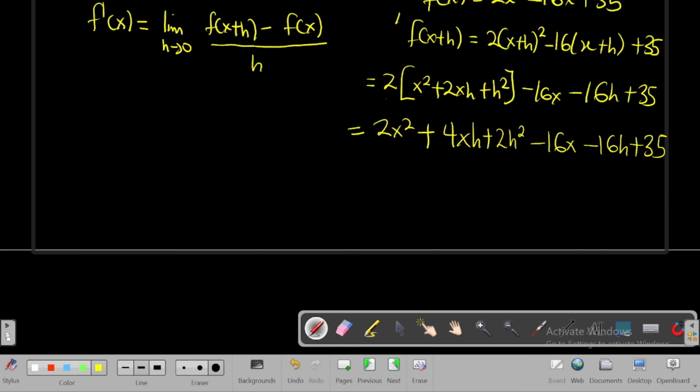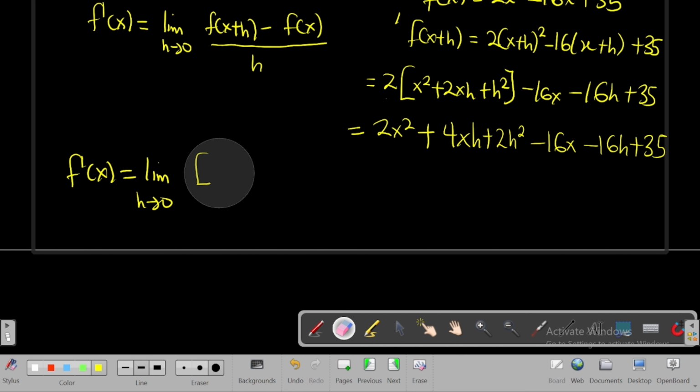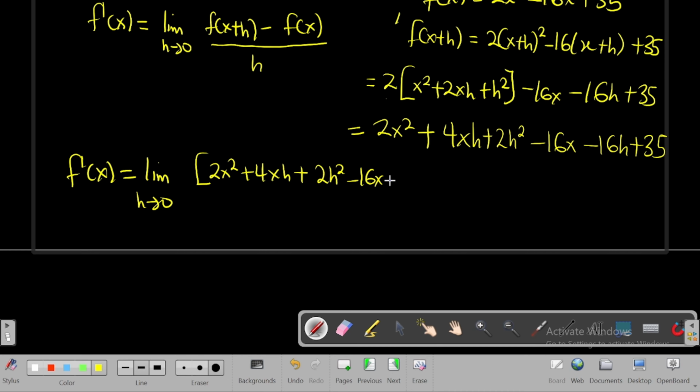Now let's substitute this into our equation. To find f prime of x, it is equal to limit as h approaches 0 of our function f of x plus h, which is this, right? So now it becomes 2x squared plus 4xh plus 2h squared minus 16x minus 16h plus 35.